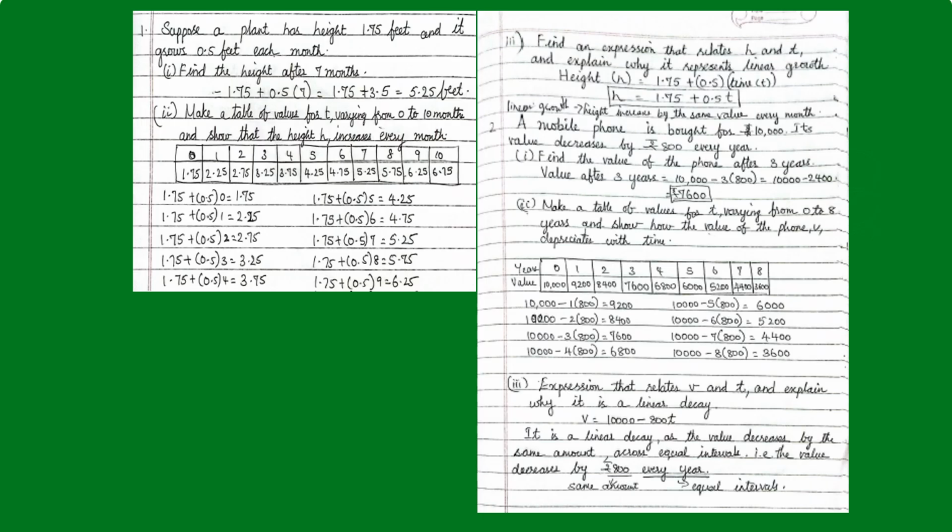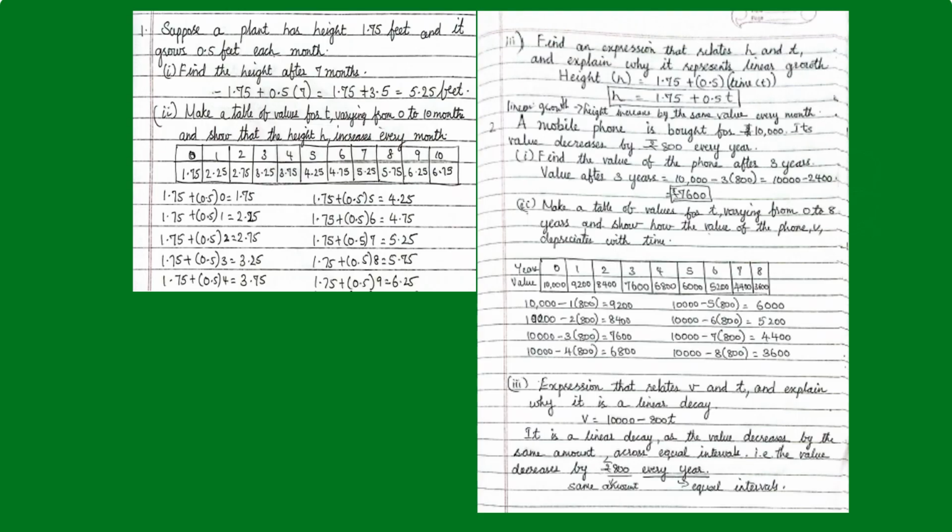The third question is the same. We need to find an expression that relates v and t, and you need to explain why it's a linear decay. V is equal to 10,000 minus 800t will be the linear relationship. Now, you need to explain why it's a linear decay. You call that linear expression a linear decay because the value decreases, decreases is the keyword here, by an equal amount.